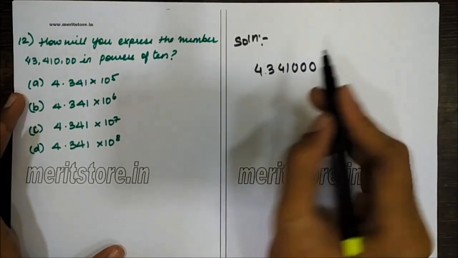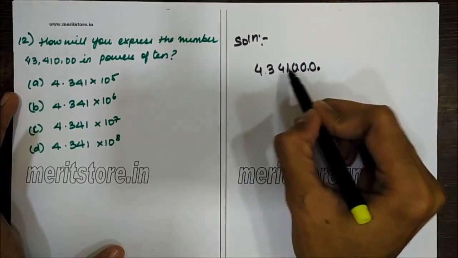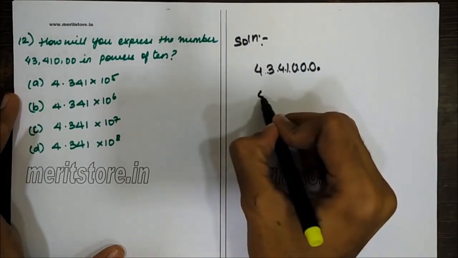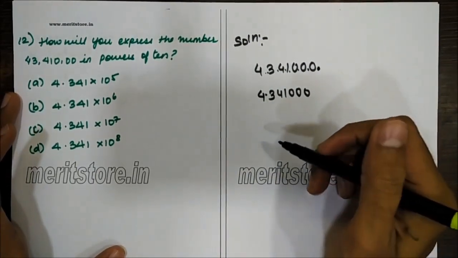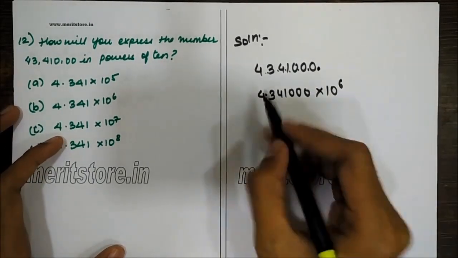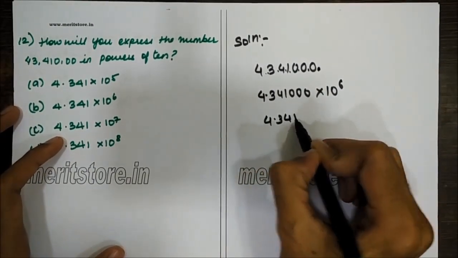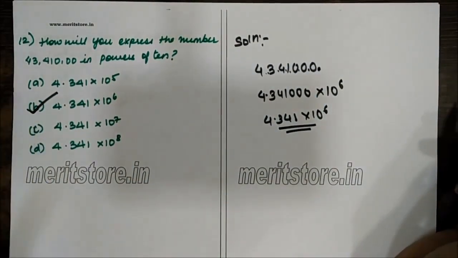If the point is initially here, 1 2 3 4 5 6, so to get 4.341000, we have to move 6 decimal places. That means we multiply this number by 10 raised to 6. So we can write 4.341 multiplied by 10 raised to 6. Okay, so B is the correct option.